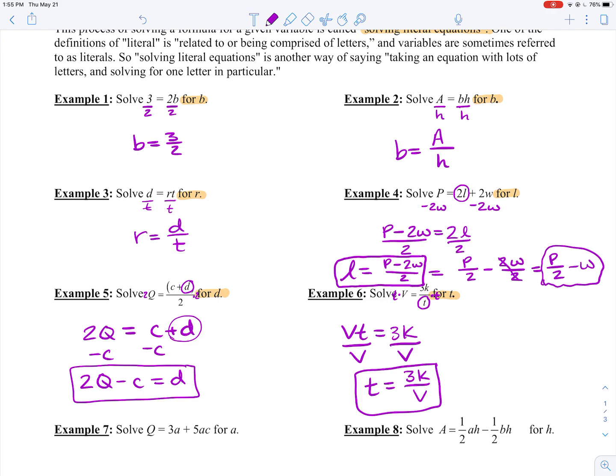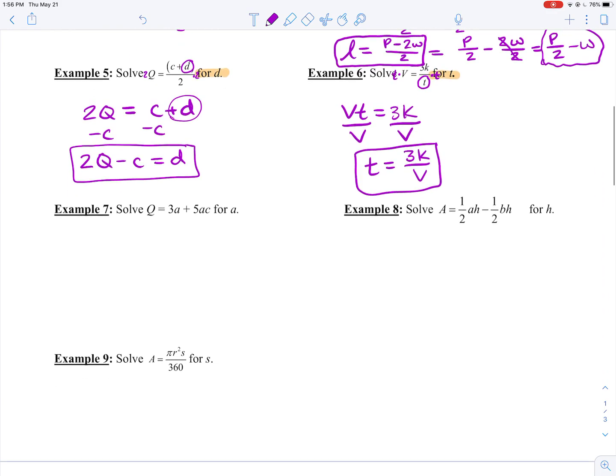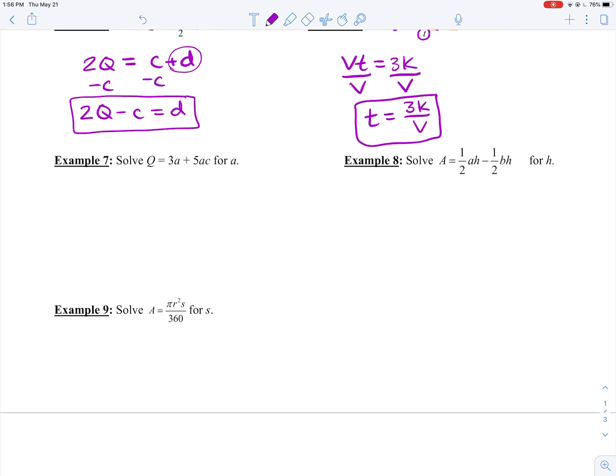In example 7, this one is one that always causes people trouble. So we're trying to solve for A, but if we look, A is in both terms. And so hopefully we realize when we have a variable in both terms, we can factor that variable out.